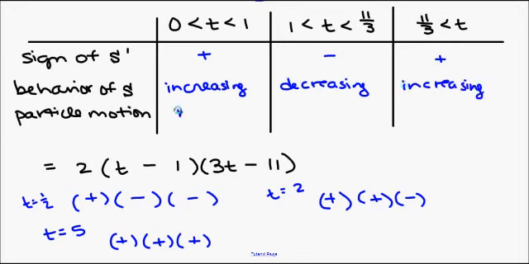So I'm going to move right, left, right. So between 0 and 1 second, my particle is moving to the right. Then between 1 second and 11/3 seconds, I'm moving to the left. And after 11/3 seconds, I'm moving to the right again.